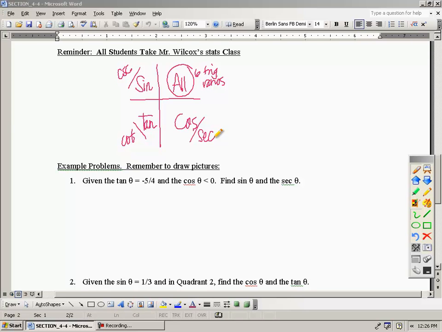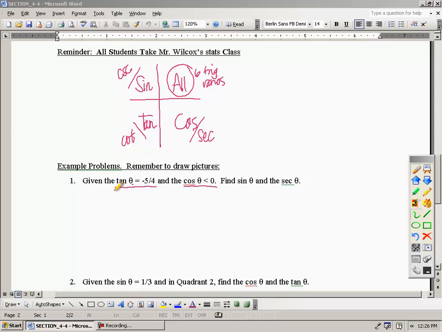Okay? Number 1, take a look. We're giving you not only the tangent value, but we're also trying to give you an idea of what location we're looking for. In this case, you take a look and notice that tangent is negative, and so is cosine. So we're wondering, where is both tangent and cosine going to be negative?